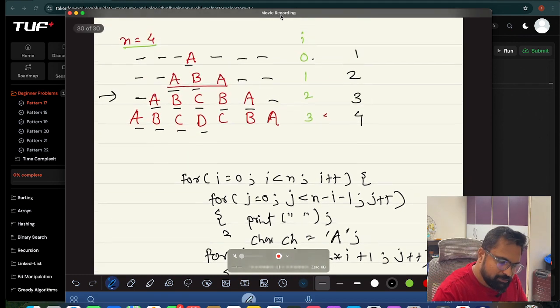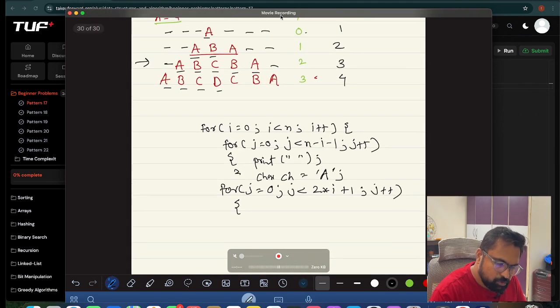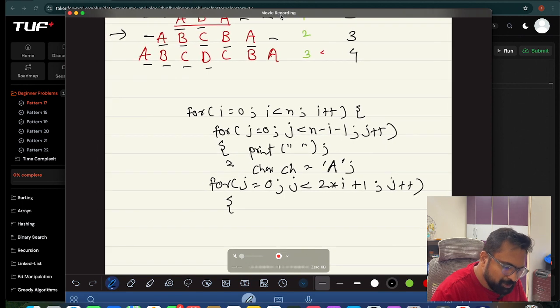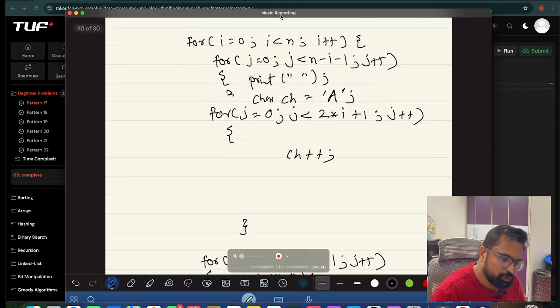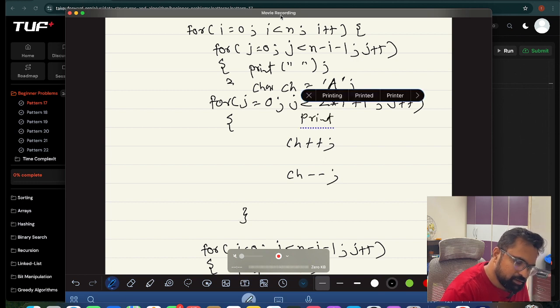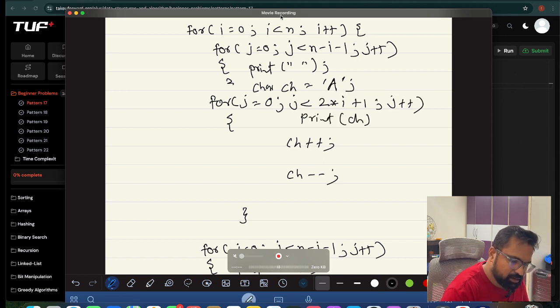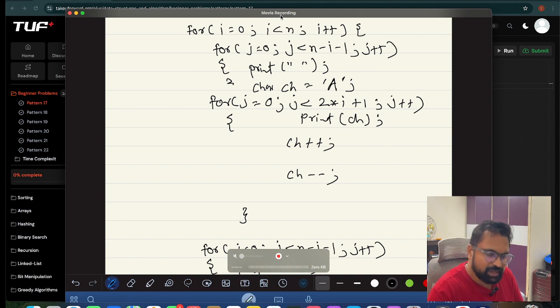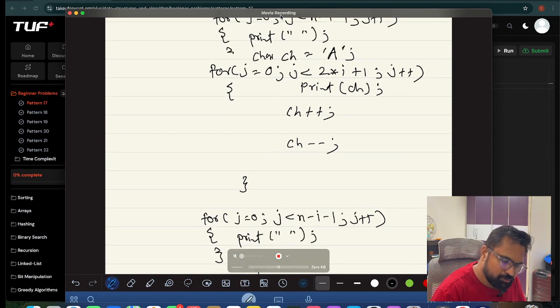In this particular loop, basically we will do ch plus plus, and in some cases we want to do ch minus minus, and we will print ch. This is how we want to design it, and at the end of this loop we will have println to break the line.